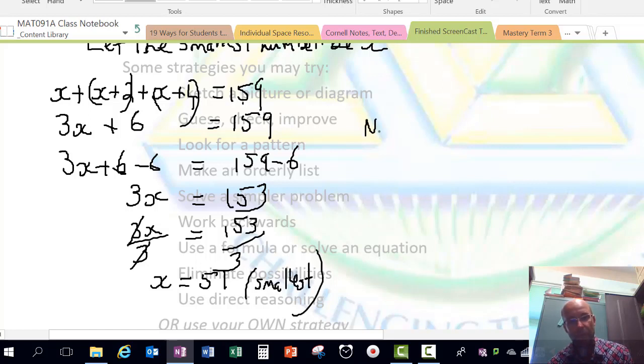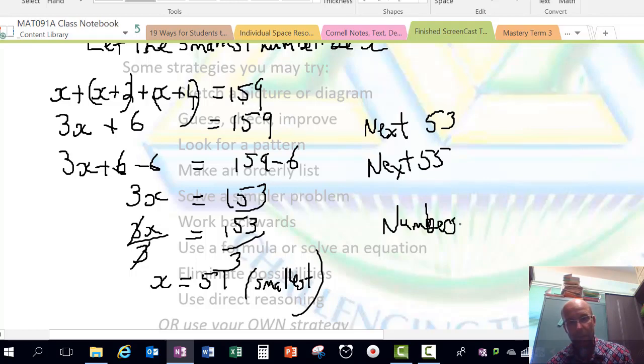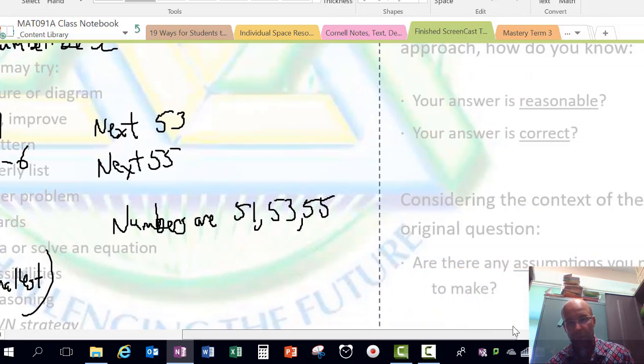So the next number then is 51 plus 2 is 53, and then the next one would be 55, next odd number. So we have numbers 51, 53 and 55.